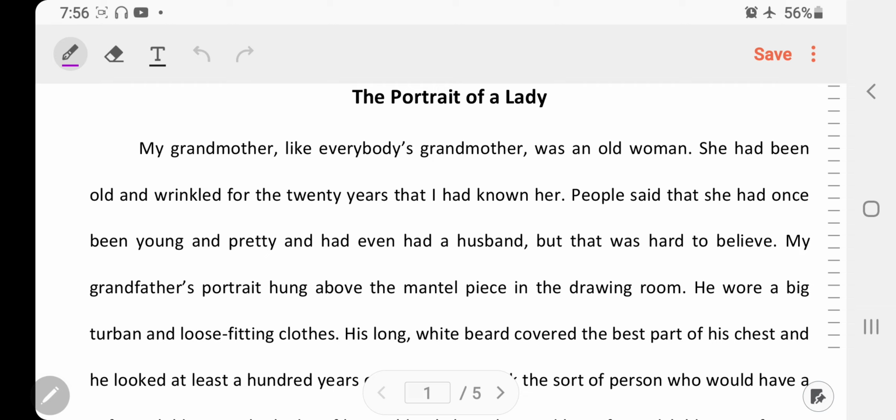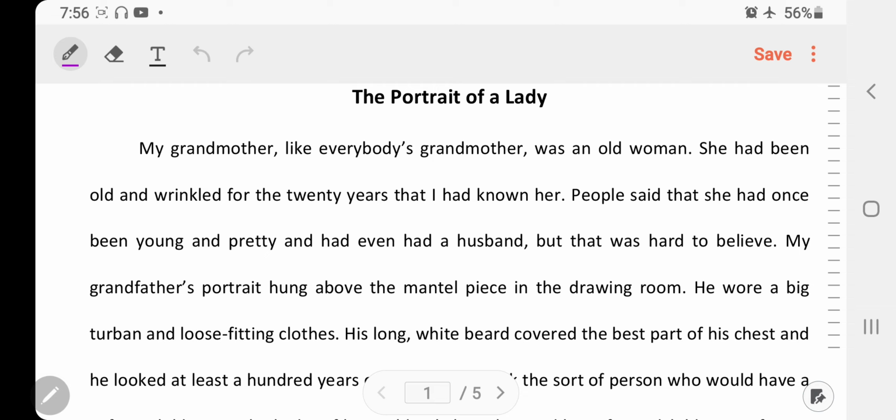People said that she had once been young and pretty and had even had a husband, but that was hard to believe. Khushwant Singh has heard that she had once been young. Naturally, if today we meet any old person, that person would have been a child sometime, would have been young also.